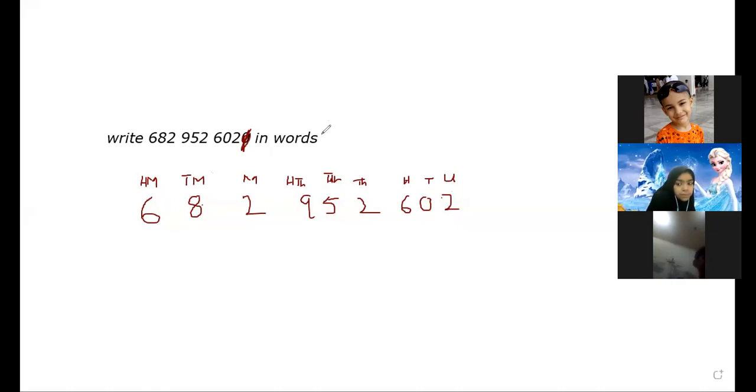Now what they are asking us is to write this value in words. We can write it in words very easily by drawing a place value chart. We know this 6 is how many millions? 100 million.